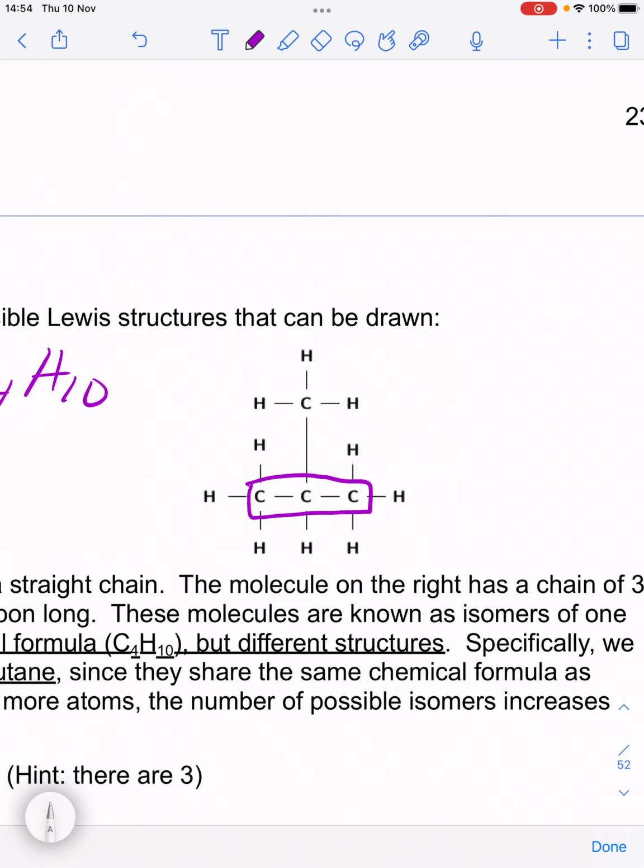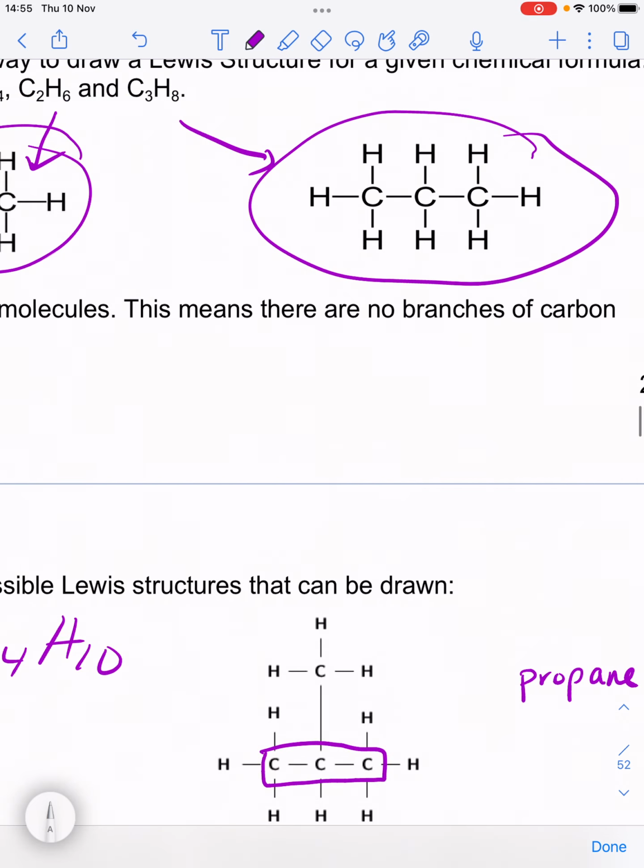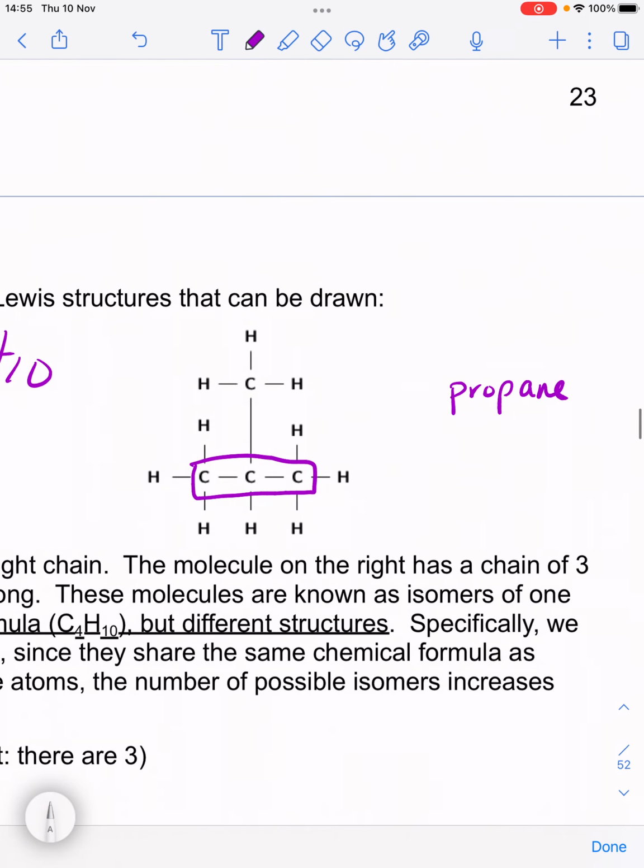So the word for 3 carbons is prop. So this one is actually called propane. But it's clearly not just propane like the one up above. This is propane because it has 3 carbons in a row. So this has its root name as propane, but I've ignored this carbon here. The word for 1 carbon is meth.